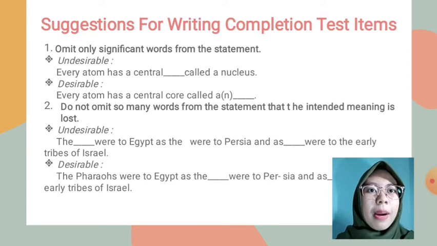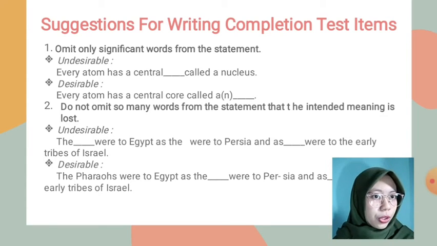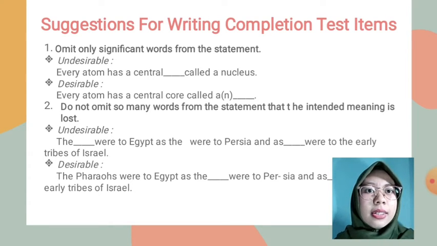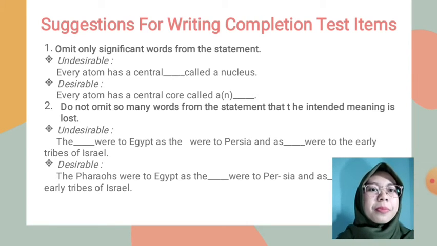The undesirable is: every atom has a central blank called a nucleus. And the desirable is: every atom has a center core called a blank.